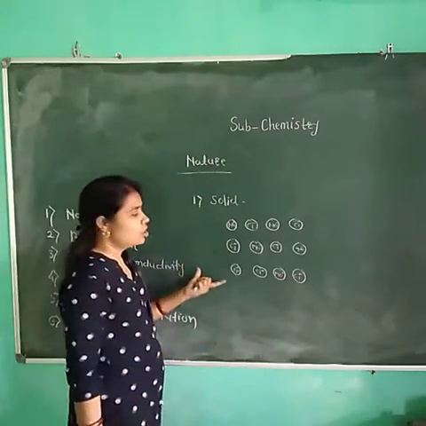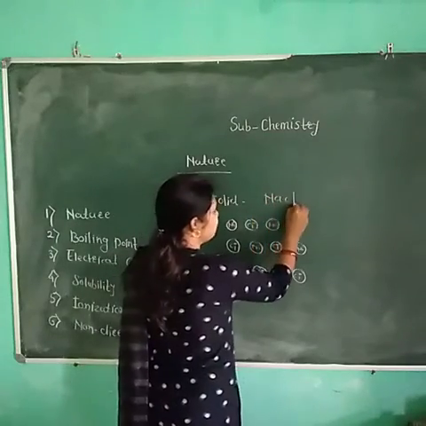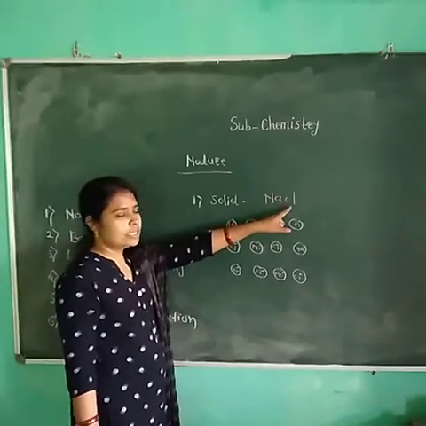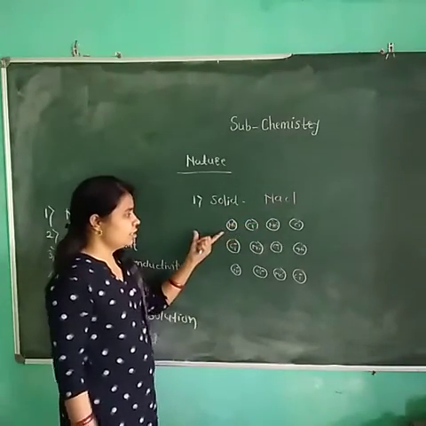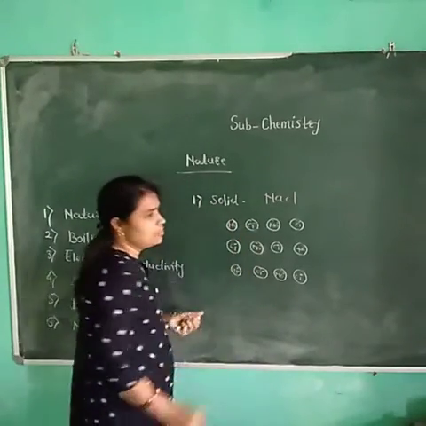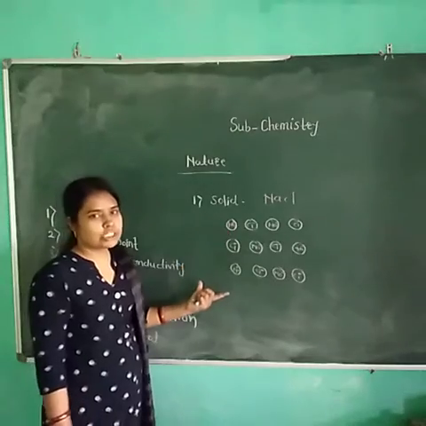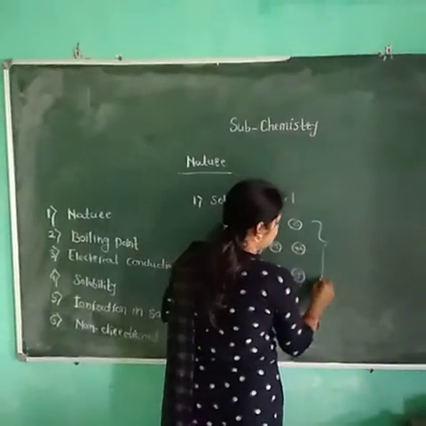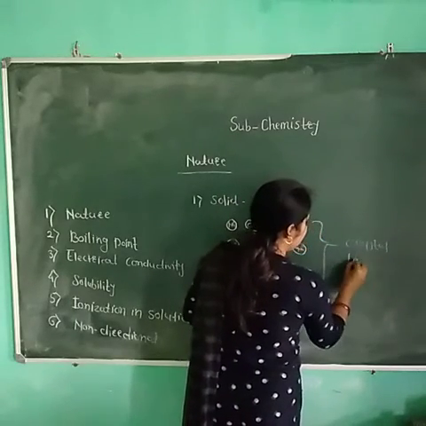This is all ordered, for example in NaCl. We are taking NaCl as an example. When ionization occurs, Na plus and Cl minus ions are produced. When these cations and anions arrange in a periodic arrangement, this whole process is called the crystal lattice.